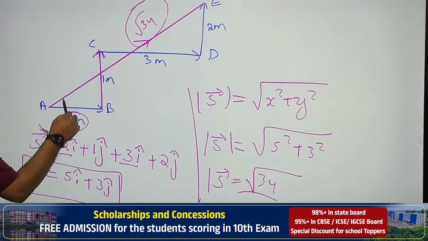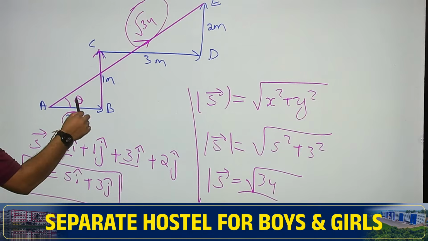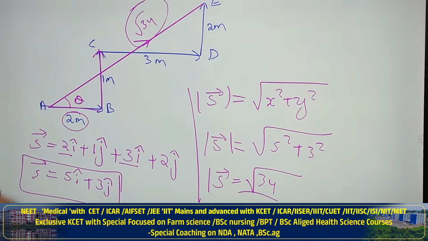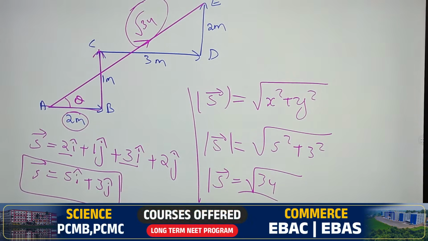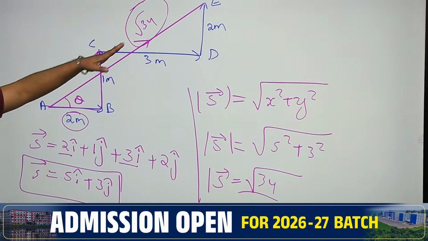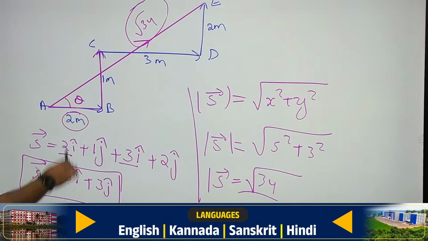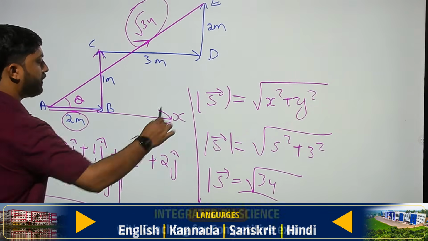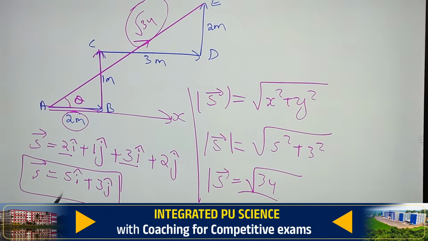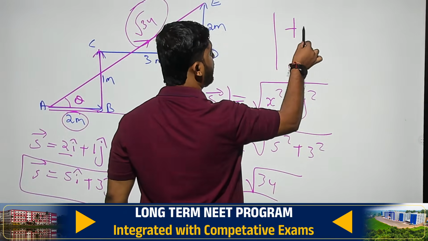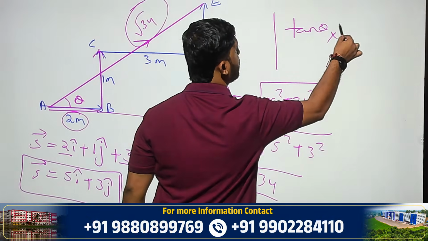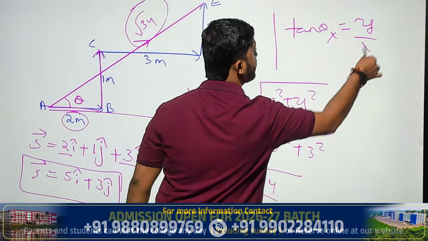Sometimes they may ask for the angle. Okay. They may ask you, if a line is drawn from A to E, what is the angle made by this displacement with the x-axis? They may ask this question. Then we can use this formula, tan theta is equal to y coordinate by x coordinate.